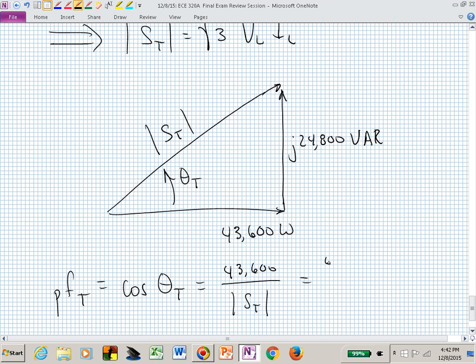And I'm hoping that my calculation is correct. I calculated that to be 50,160. Just taking the square root of 43,600 squared plus 24,800 squared, giving me 50,000 for a value. This is our real power. This is the apparent power.